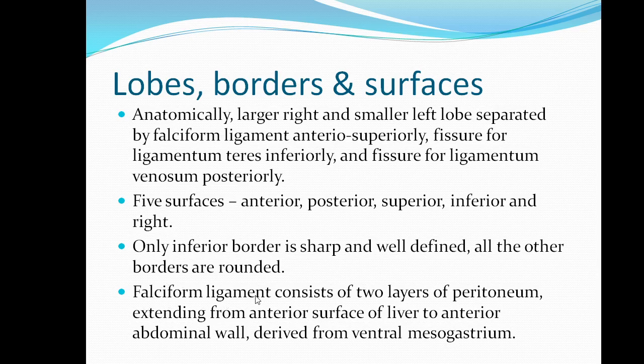The falciform ligament consists of two layers of peritoneum extending from the anterior surface of the liver to the anterior abdominal wall. It is derived from the ventral mesogastrium.